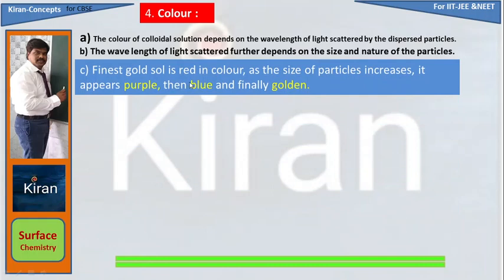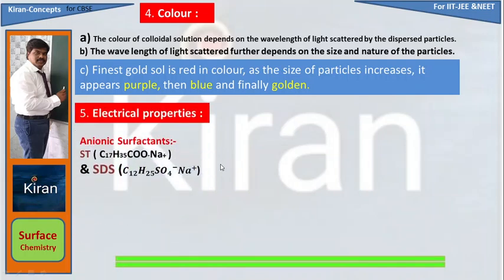Finest gold sol is red in color. As the size of particles increases, it appears purple, then blue, and finally golden color. It depends upon the size: when size increases, color changes. When you gradually increase the size of the particle, the color slightly changes, first appearing purple, then blue, and finally golden.